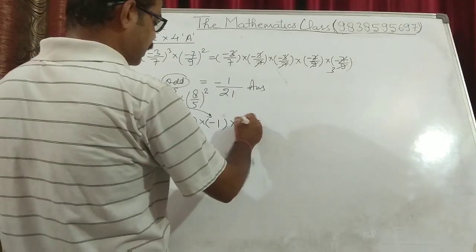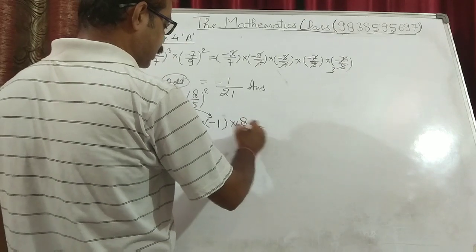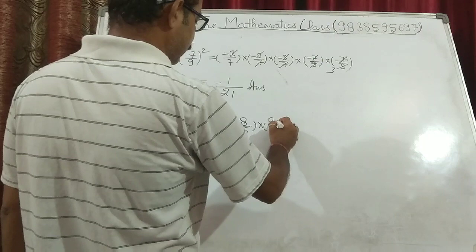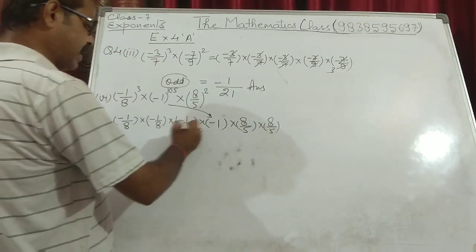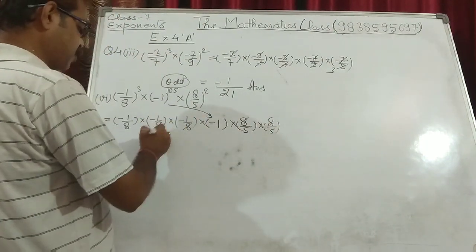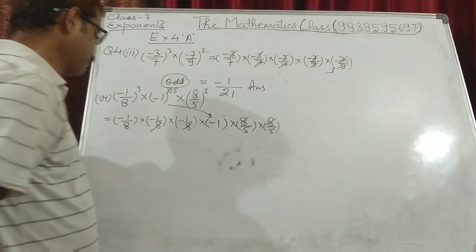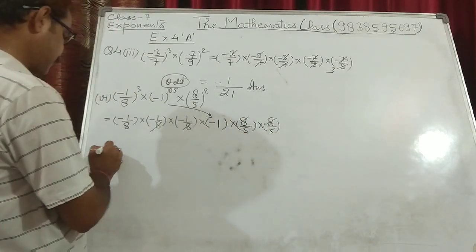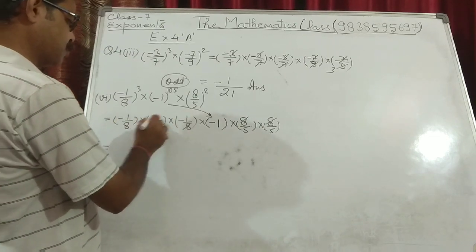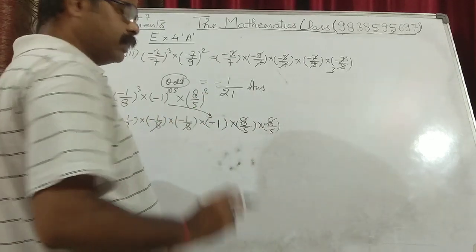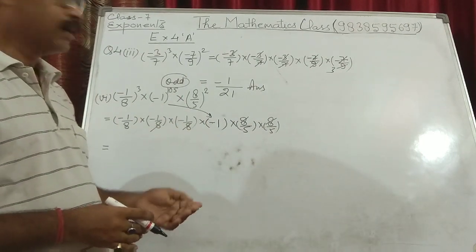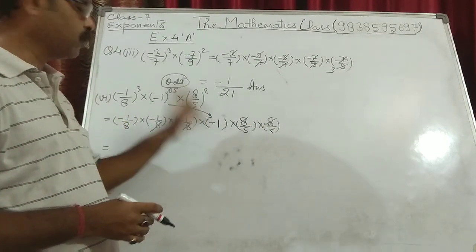Then 8 upon 5 to the power 2 is 8 upon 5 into 8 upon 5. Now one 8 and one 8 cancel, one more 8 and one more 8 cancel. Now what is left? 5 into 5, 25. There are 4 minus signs, and 4 is an even number, and all 1 into 1 into 1 into 1 will be 1.